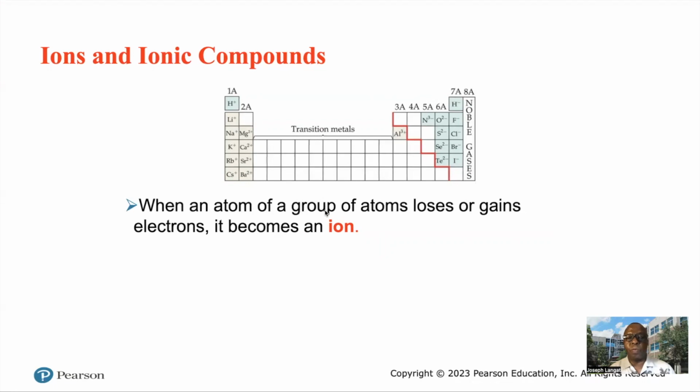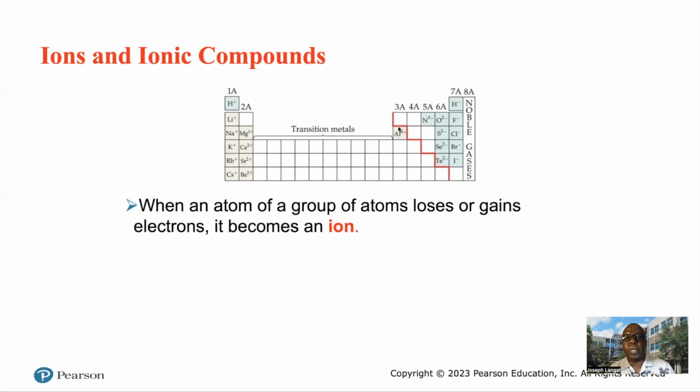When atoms of main group or representative elements react, you can predict whether they lose or gain. Metals tend to lose. Group 1 will lose 1 electron to form positive 1. Group 2 will lose, except for beryllium, 2 electrons to form cations with an overall charge of positive 2.